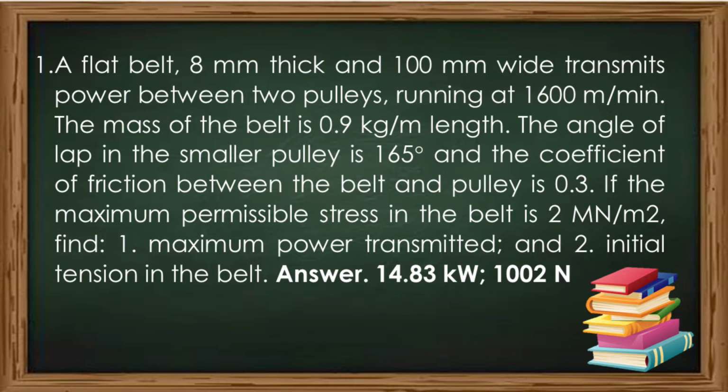The mass of the belt is 0.9 kg per meter length. The angle of lap in the smaller pulley is 165 degrees and the coefficient of friction between the belt and pulley is 0.3. If the maximum permissible stress in the belt is 2 meganewton per meter squared, find the maximum power transmitted and the initial tension in the belt.